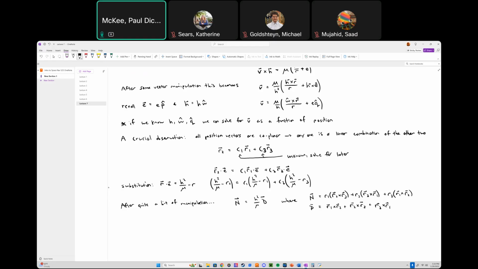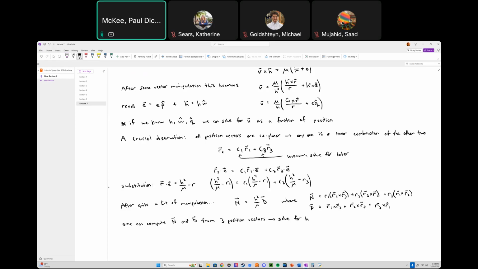Okay, how does this help us? Well, one can compute, hopefully it's straightforward, you can get N and D from 3 position vectors. So those are functions of things that are given. And then solve for h.